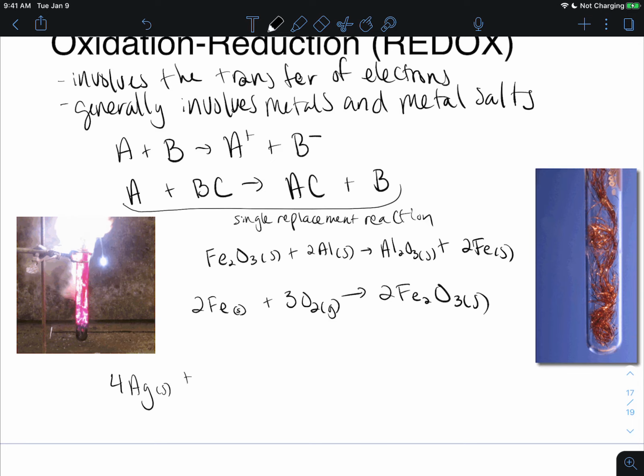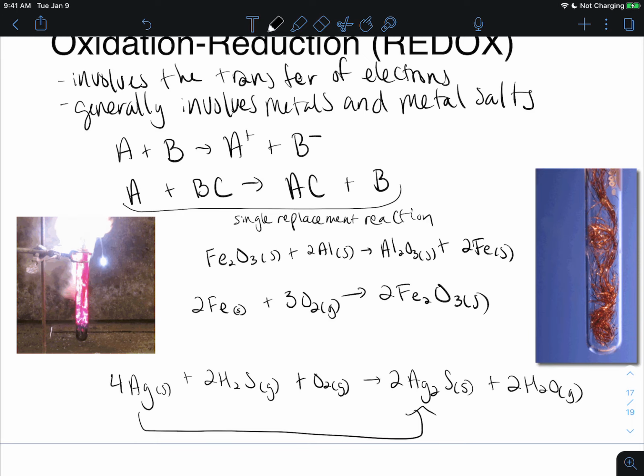So silver reacts with hydrogen sulfide and oxygen gas to produce silver sulfide and water. So that's another example, and you can know that is a redox reaction by going from a metal to a metal salt. So that's really the only way that you can recognize this particular one.